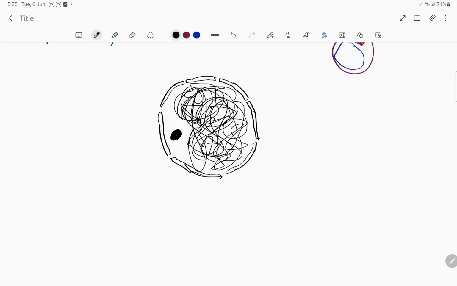Some of the cells will lack the nucleus also. If you see RBC, no nucleus. That's why we call it enucleated.